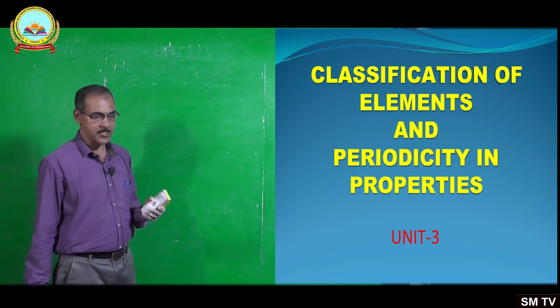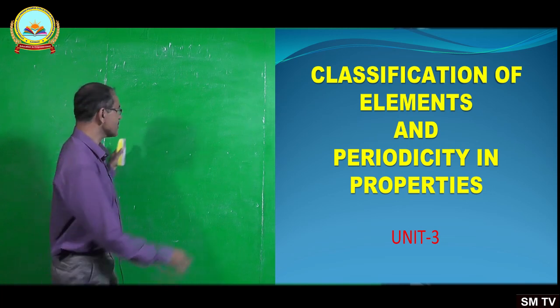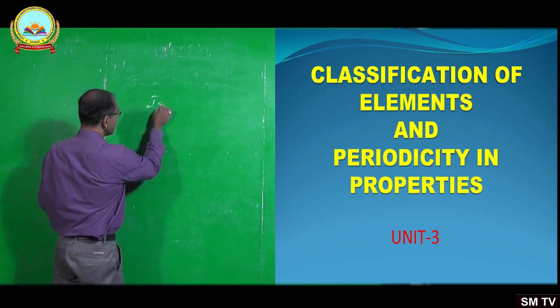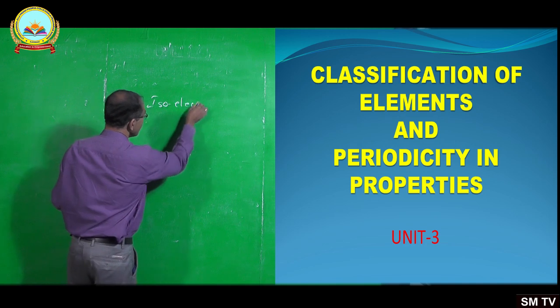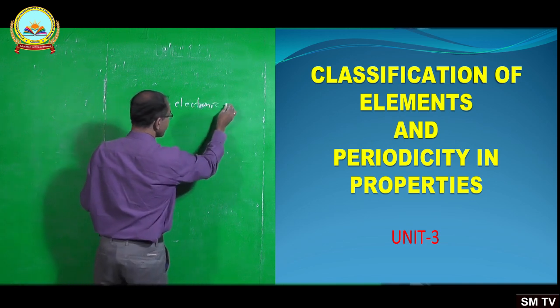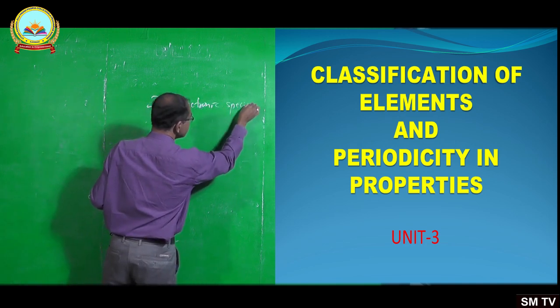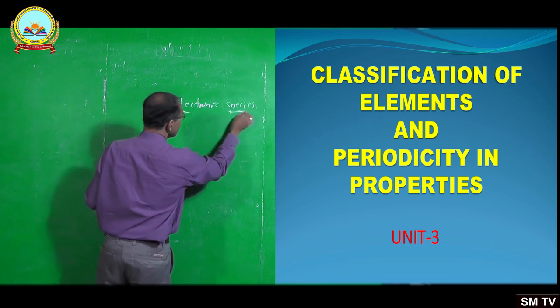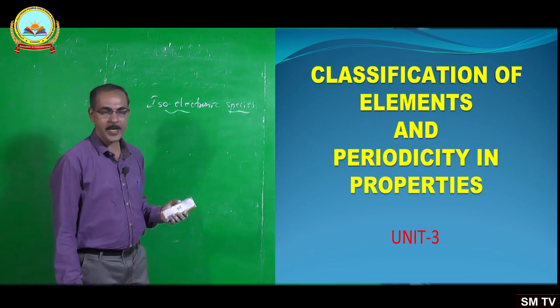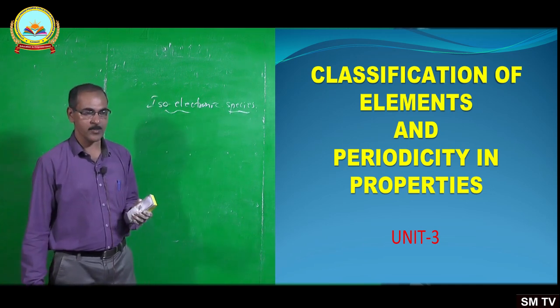Now, isoelectronic species. Iso means same number of electrons.